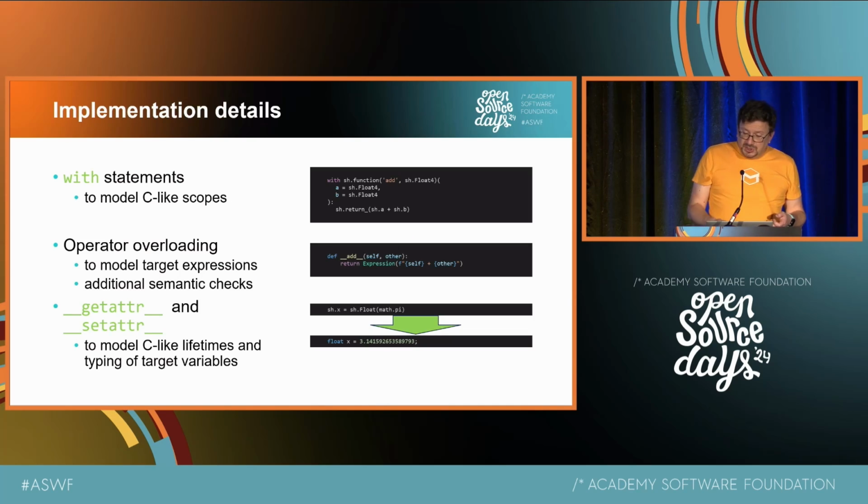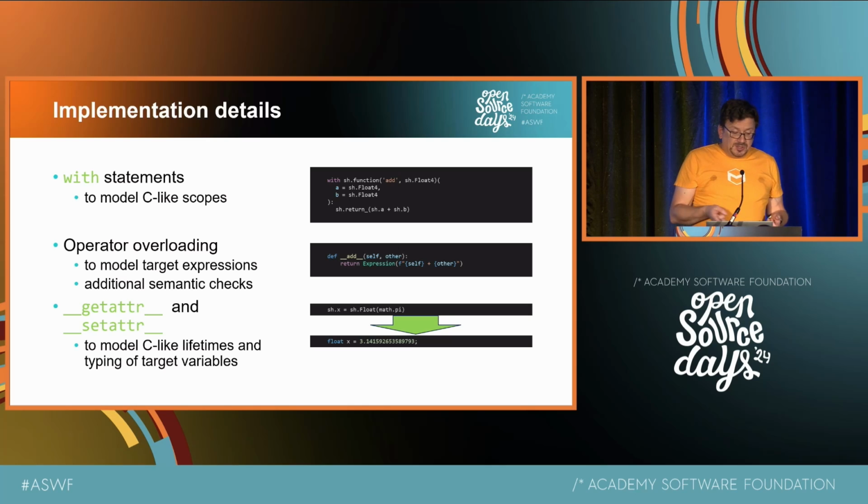Some implementation details explaining this unusual Python syntax. Basically, it's motivated by the fact that C-like languages have very different semantics from Python. So, for example, scoping works very differently, and typing works very differently.